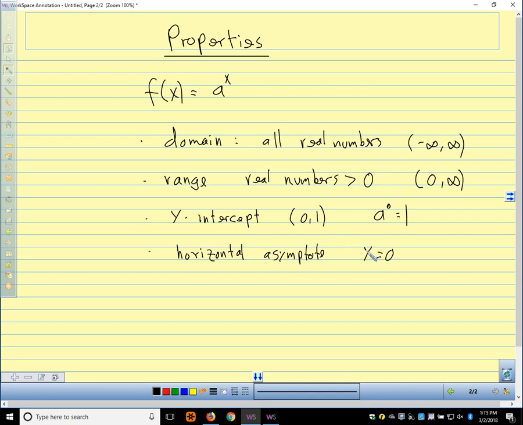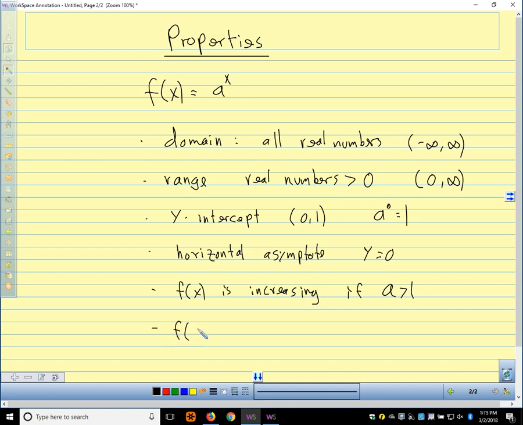Every unshifted exponential function will have a horizontal asymptote at y equals 0. It's increasing, which means it always goes uphill, if a is greater than 1.